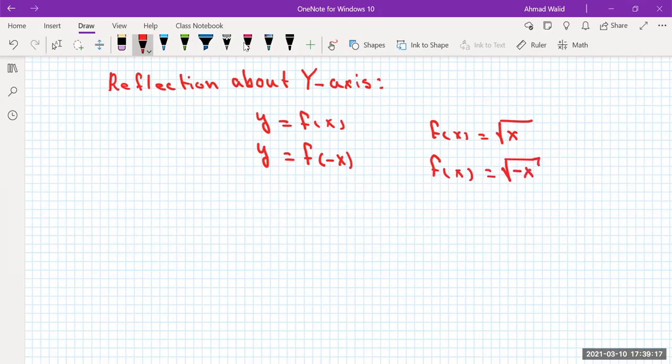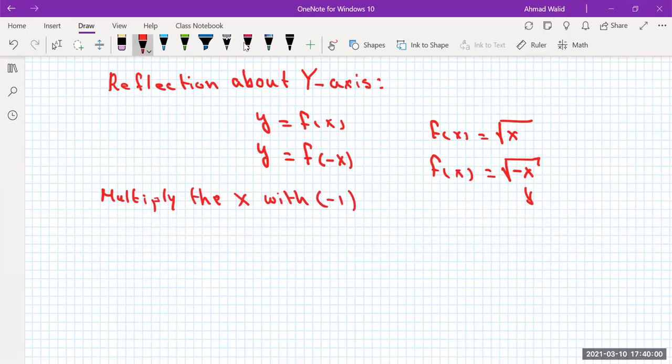You may tell me it's impossible, a square root of negative x. Yes, that's right. But when you graph, only multiply the x column by -1, because you cannot take the square root of negative numbers, right? Multiply the x with -1.